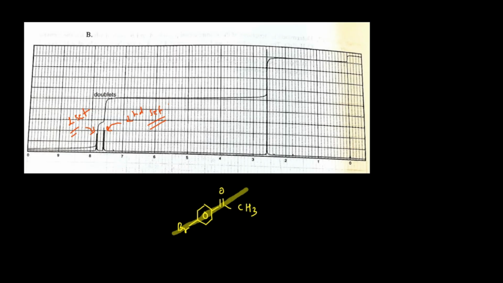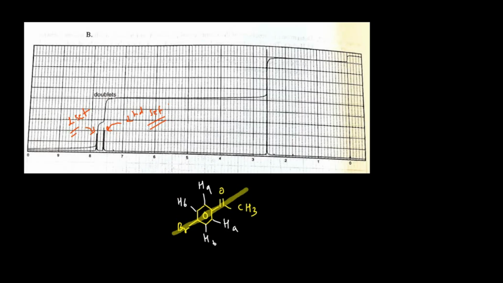So when the plane of symmetry is here, that means this particular hydrogen, which I am calling Ha, is identical to this hydrogen, which is also Ha. Similarly, this hydrogen we can mark as Hb, and this is also Hb. So due to this plane of symmetry, these two hydrogens are equivalent, and these two hydrogens are equivalent.